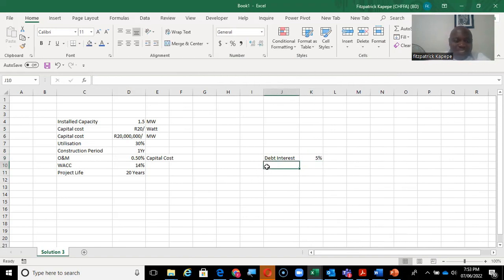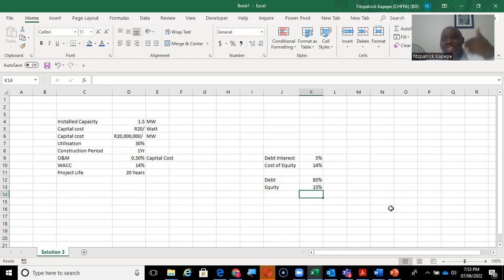You have cost of equity, let's say 14%, usually it's around that. Then you have been told on the capital structure that debt is, say, 85%. In most project finance projects, you find about 85%. Then equity is 15%. This is what has been put into this particular project as financing.